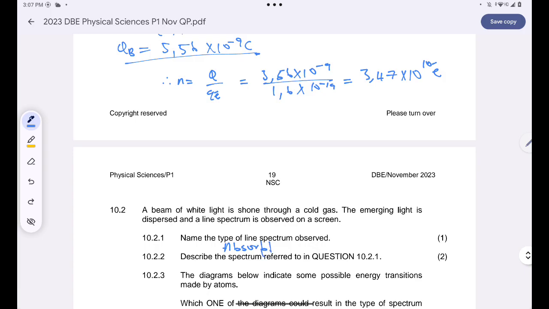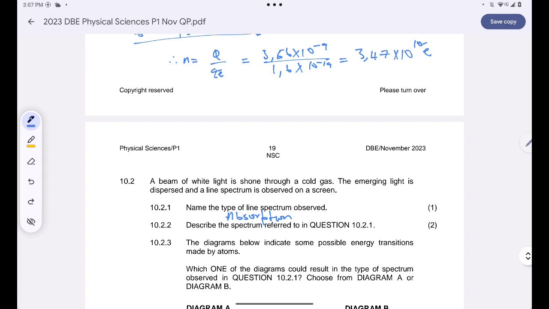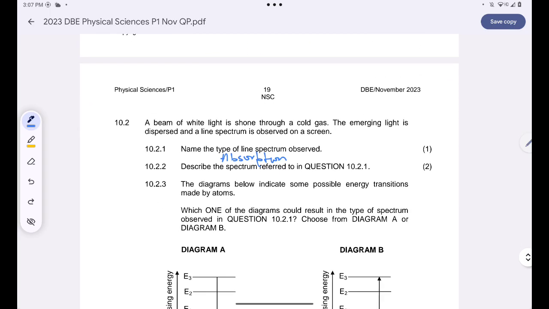And then describe the spectrum in question 10.2.1. It will be just a continuous spectrum of the rainbow colors with dark black lines. That's how the spectrum will be.